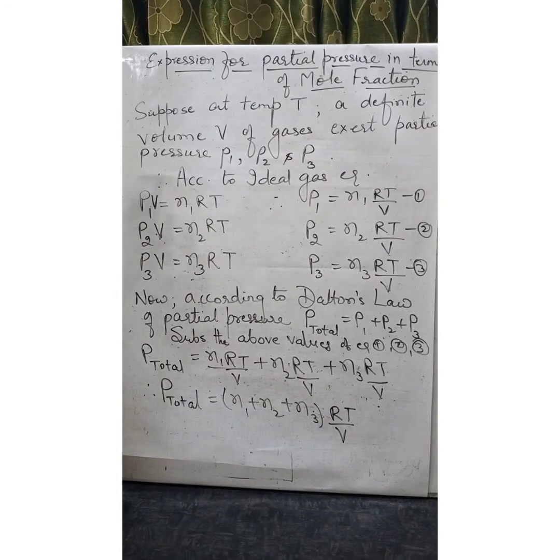Now, the next one is the expression for partial pressure in terms of mole fraction. Suppose at temperature T, a definite volume V of three gases exerts partial pressures P1, P2 and P3. Then according to the ideal gas equation, for each gas we can write P1V is equal to n1RT.